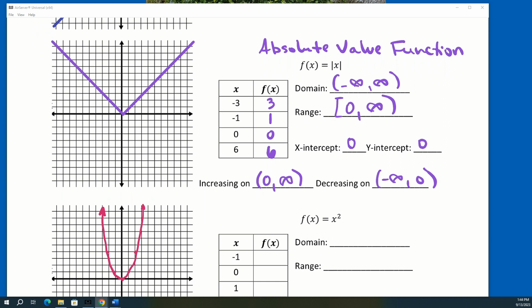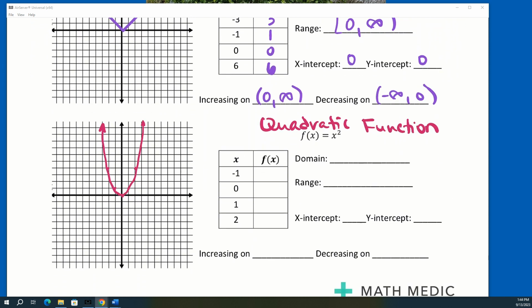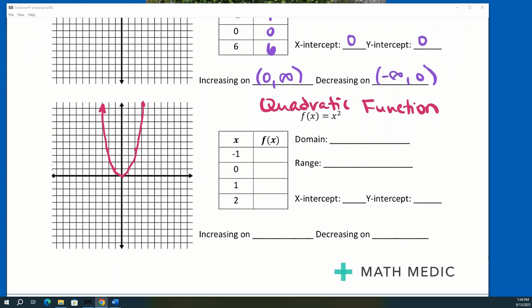Yeah, you spent a lot of time in Algebra 2 talking about quadratic functions. And everything you put into a quadratic function, the y is going to be what you would get when you square it. So we would just square each one of these numbers.